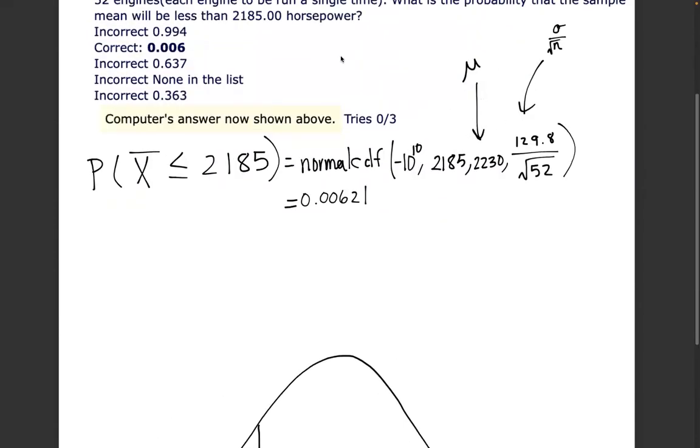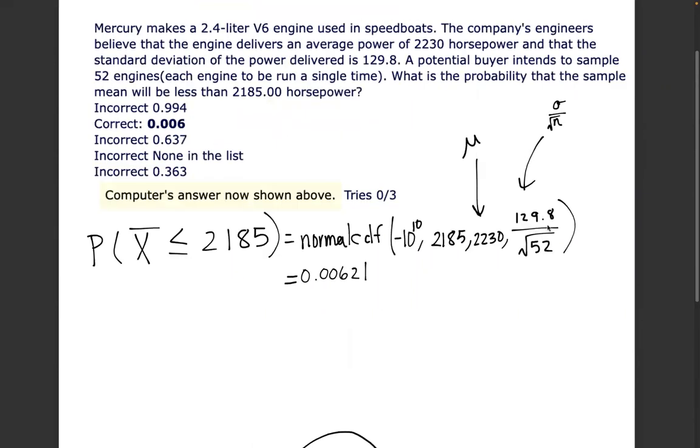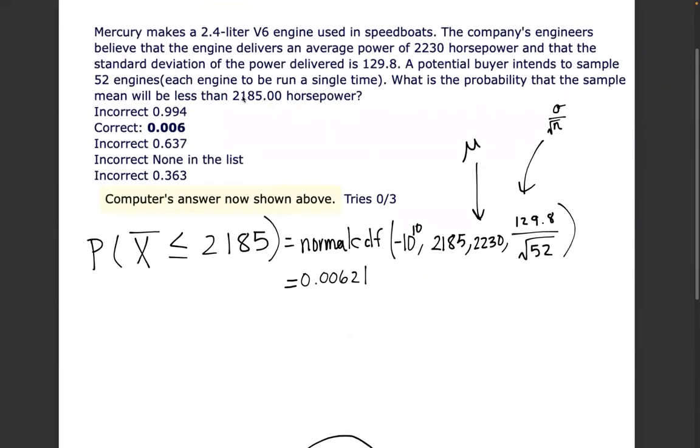And when we go through the standardization process, our standard deviation is going to be our sigma, which is 129.8. That was right here, the standard deviation of the power delivered, divided by the square root of our sample size, and our sample size was 52 given here. So we'll get 0.00621.